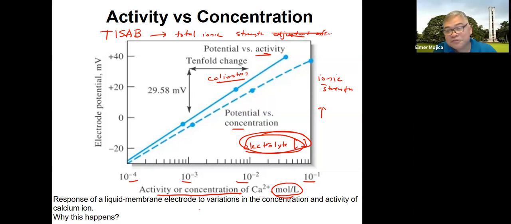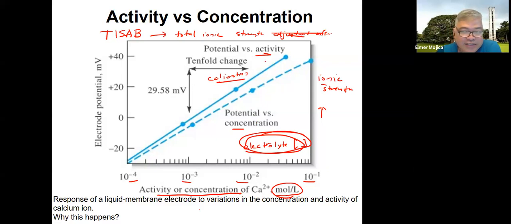So what it does is it fixes the sample and the standard so that they will not have a great difference in the so-called ionic strength. So the one affected usually is the concentration.